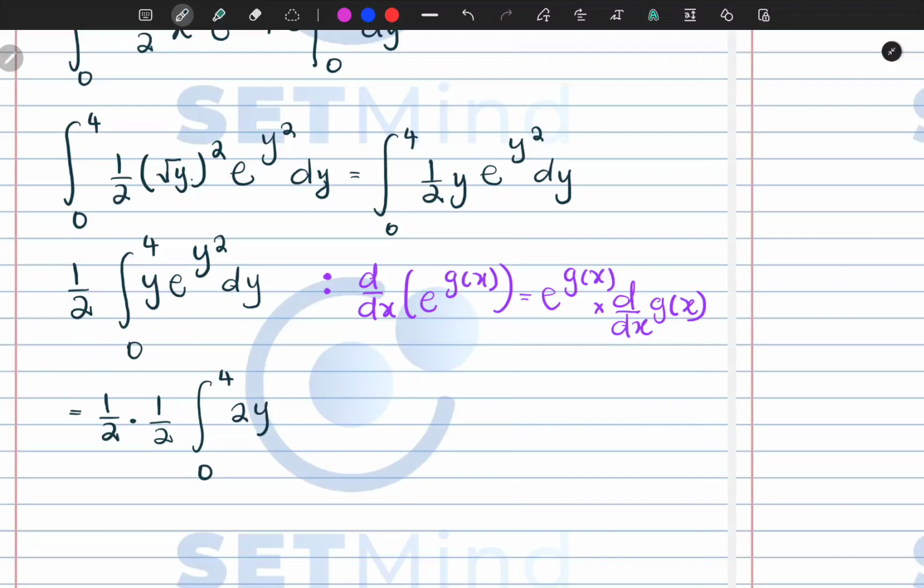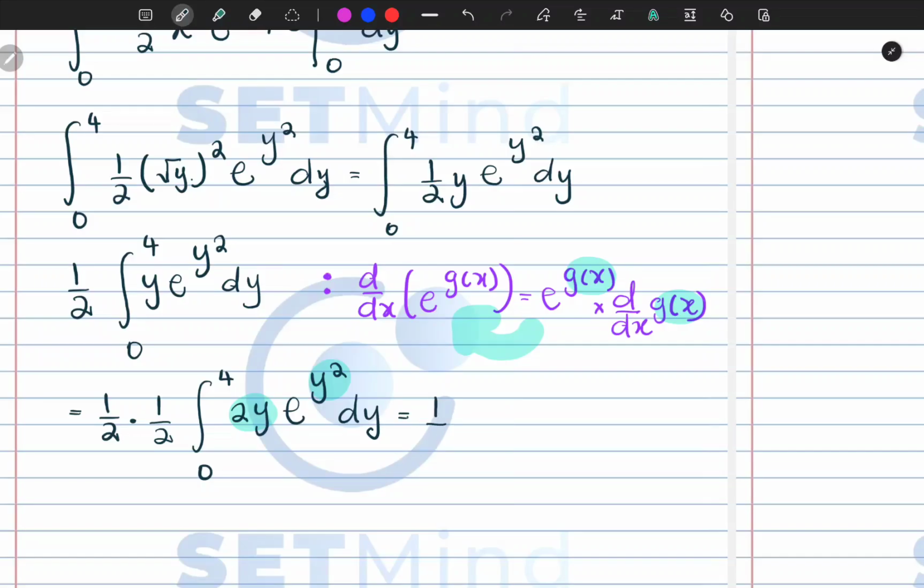Then I'll need to introduce a 2 inside because I pulled out a half. Then I'll have e to the y squared dy. So what am I seeing? I'm seeing that that derivative will give us that. The same way, the derivative of that, if it gives you what is there, you can just revert back and equate your answer to that.